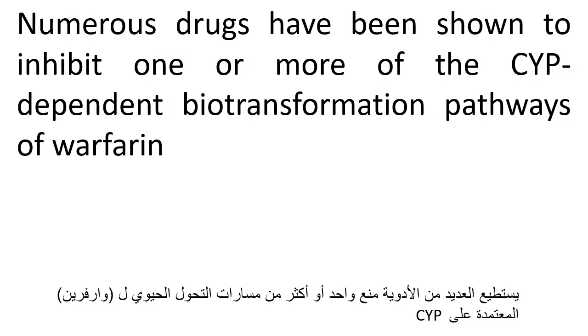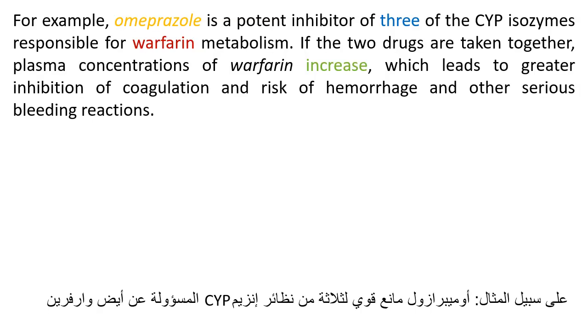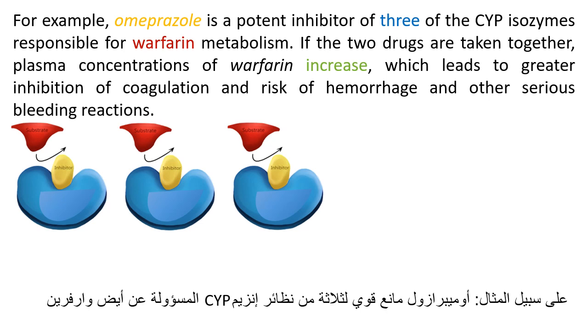Numerous drugs have been shown to inhibit one or more of the CYP-dependent pathways of warfarin. For example, omeprazole is a potent inhibitor of 3 of the CYP isozymes responsible for warfarin metabolism.